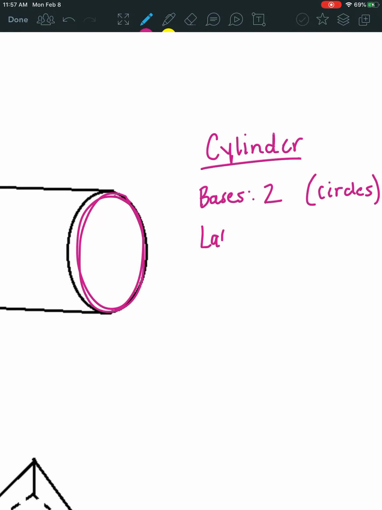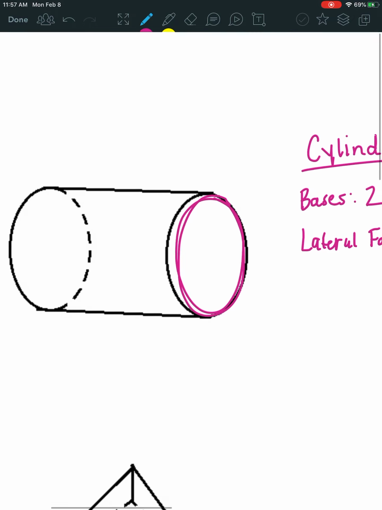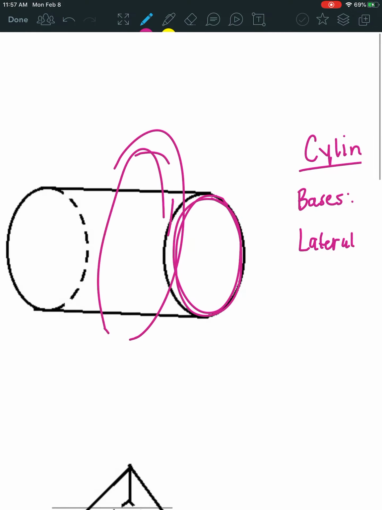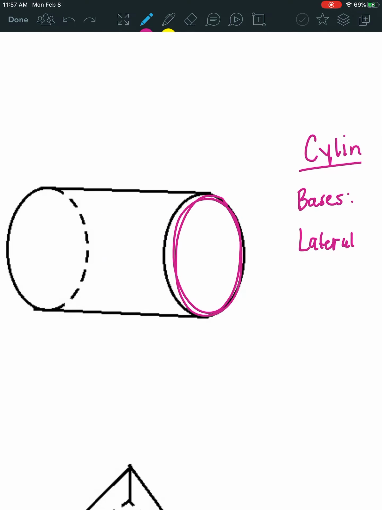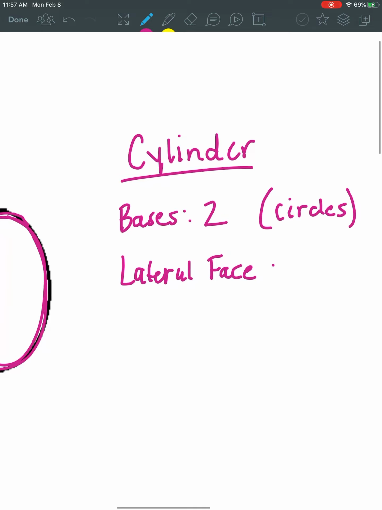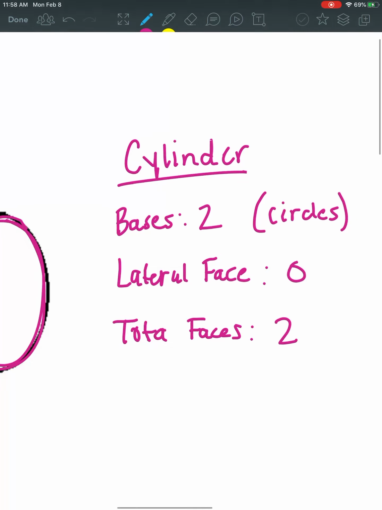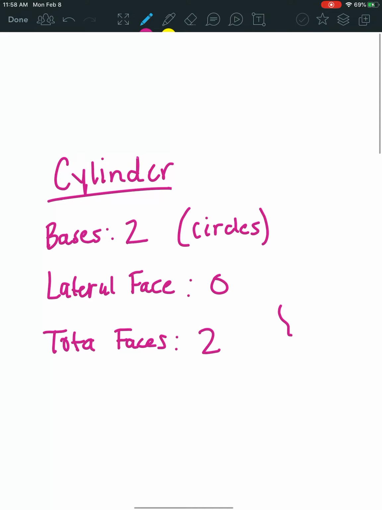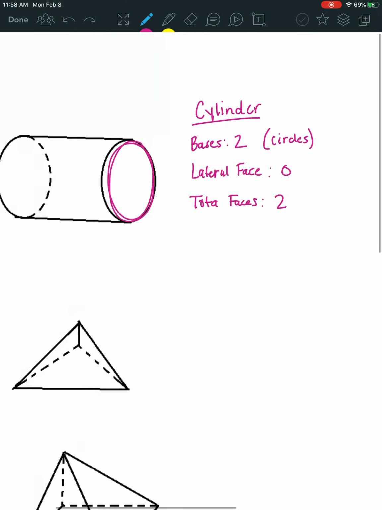Now, the lateral face, in order to be a face, it has to be a flat surface. So the lateral face in a cylinder is that curved part around the outside there. Well, that is not considered a face because it's not flat. So there are 0 lateral faces, so the total faces in a cylinder is just those 2 bases, the 2 circles, okay? Edges are straight lines.